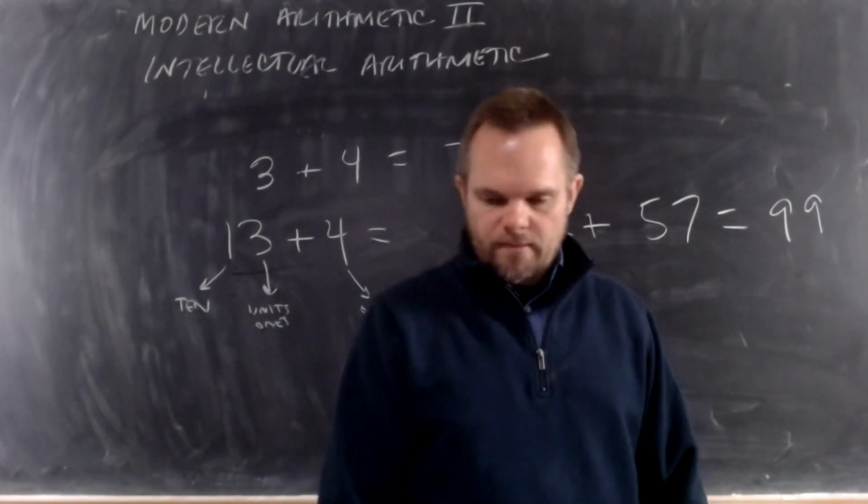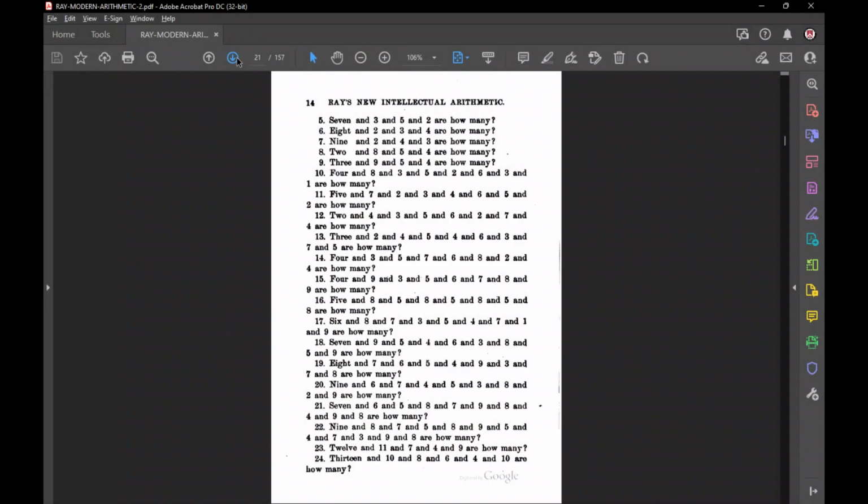All right? So let's go back to our lesson. Number 7. This is going to be a difficult one. 9 and 2 and 4 and 3 are how many? Now, what this is teaching you is just get started with the solution and just work from the beginning to the end.